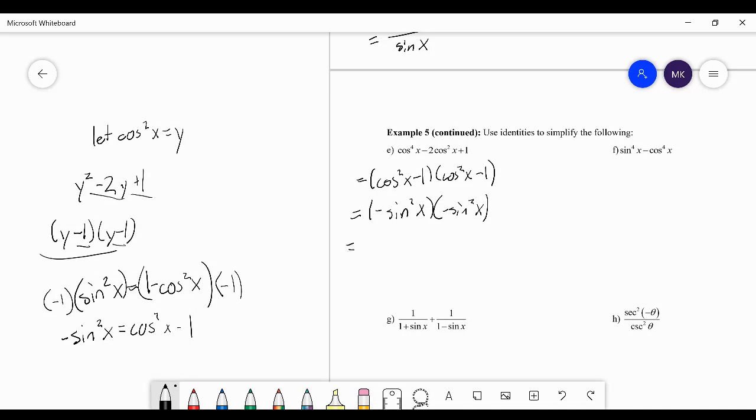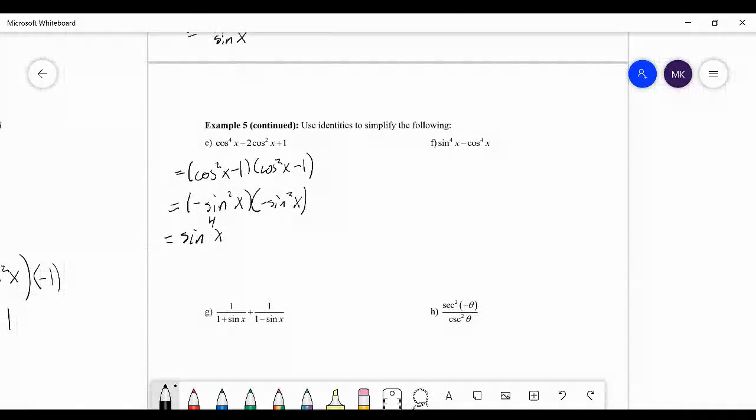When I multiply those together, the negatives go away, and I just end up with sine to the 4th x. All right, so that was a little bit weirder, right? But what it relied on is your ability to factor a quadratic, really, is what it boiled down to. Okay.